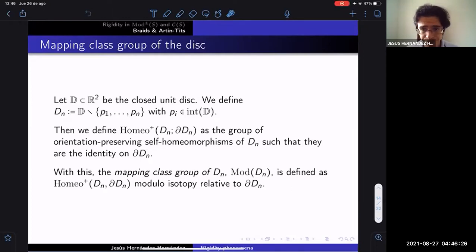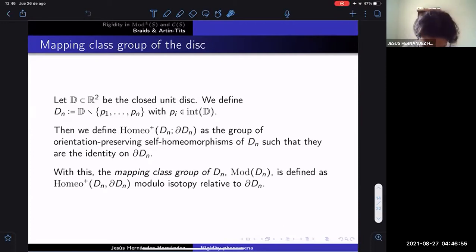That is important. And then define the classical mapping class group as the isotopy classes relative to the boundary of this group. As it turns out, this is not necessarily a subgroup of the extended mapping class group, but anyway.